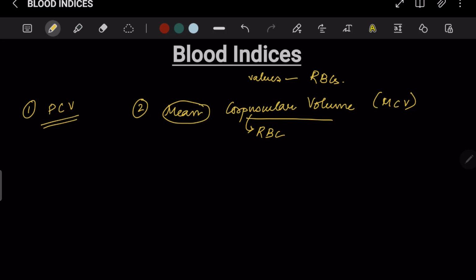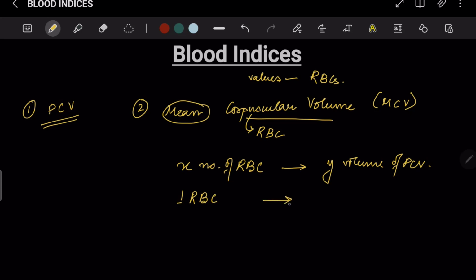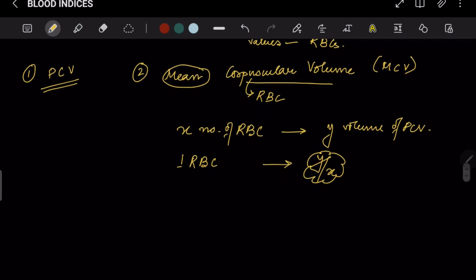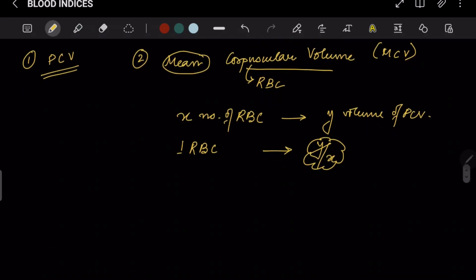For example, if X number of RBCs occupy Y volume of PCV, then one RBC will have a volume of Y by X. Right, that is the mean corpuscular volume.